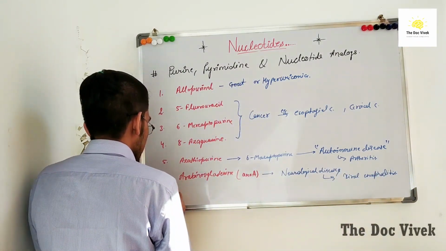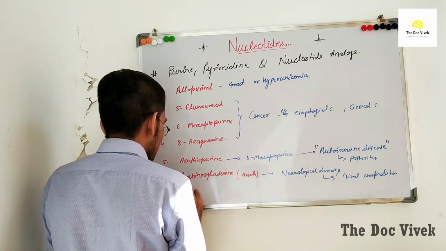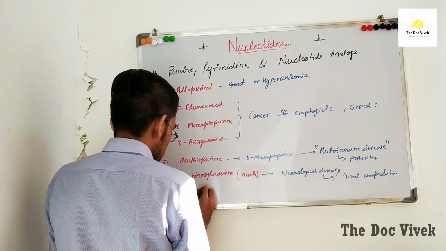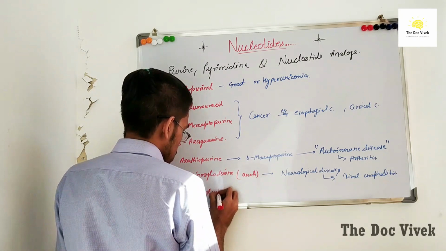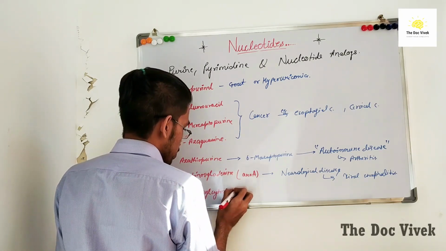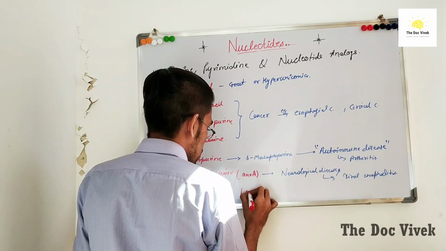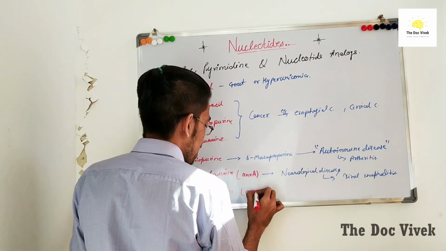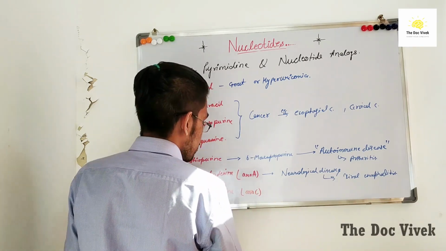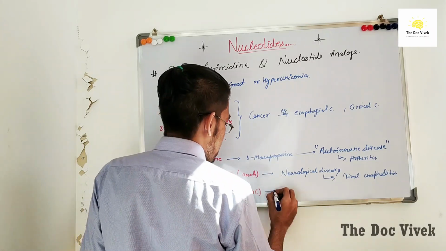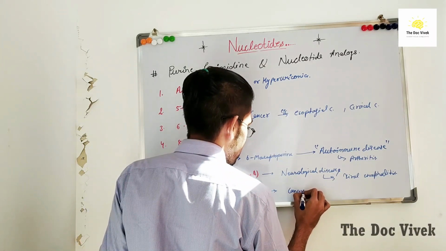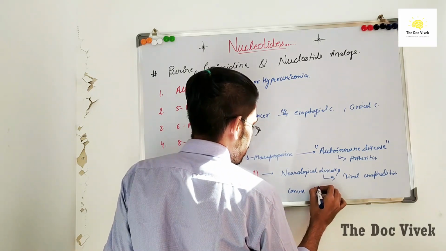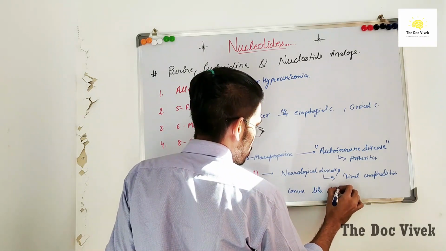And the seventh one is arabinosyl cytosine, which is also represented as ara-C. It helps in the treatment of cancers like leukemias.